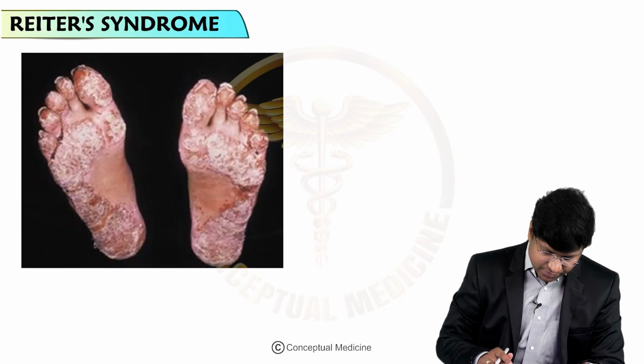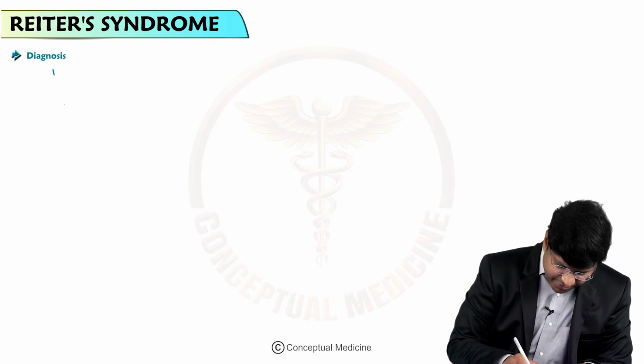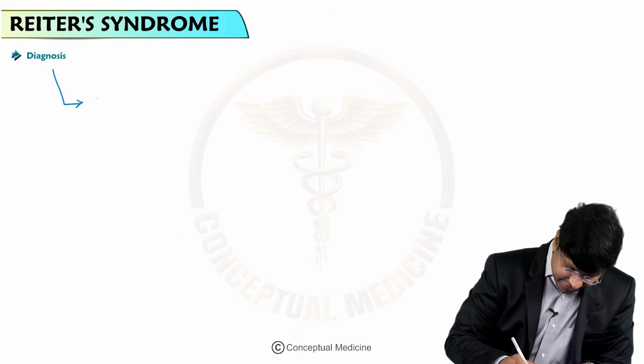Now, how to diagnose this particular Reiter syndrome? You need to take the culture. The culture is taken from the urethra or cervix or the throat.